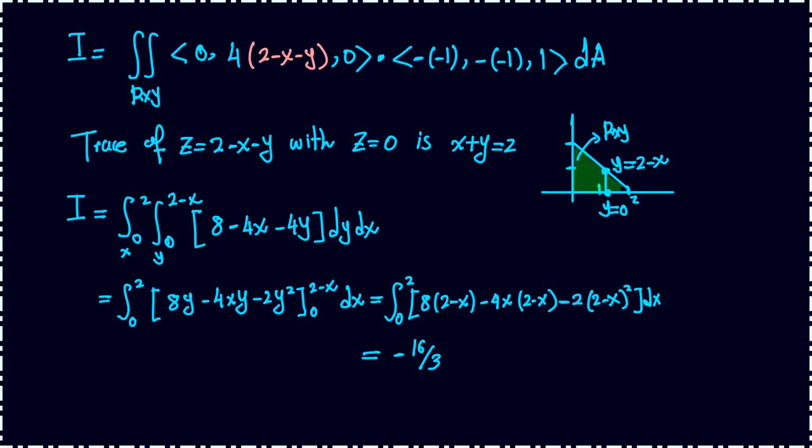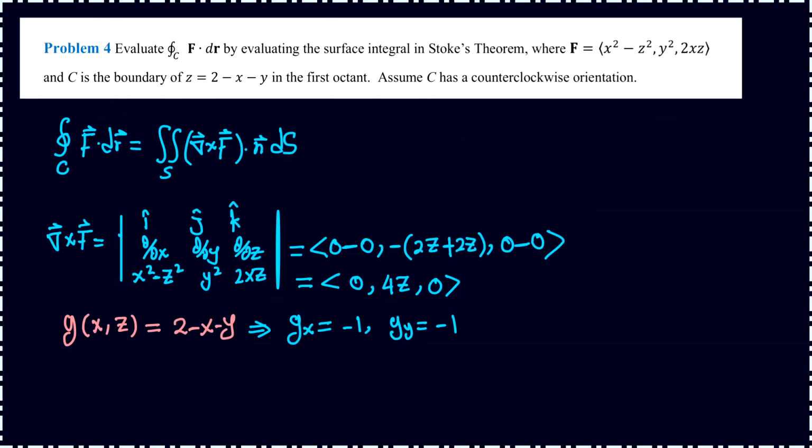So what did we just do? We calculated this line integral around the boundary of this plane, which is going to be a rectangular, no, I'm sorry, not a rectangular, but a triangular boundary, right? Just picture that.